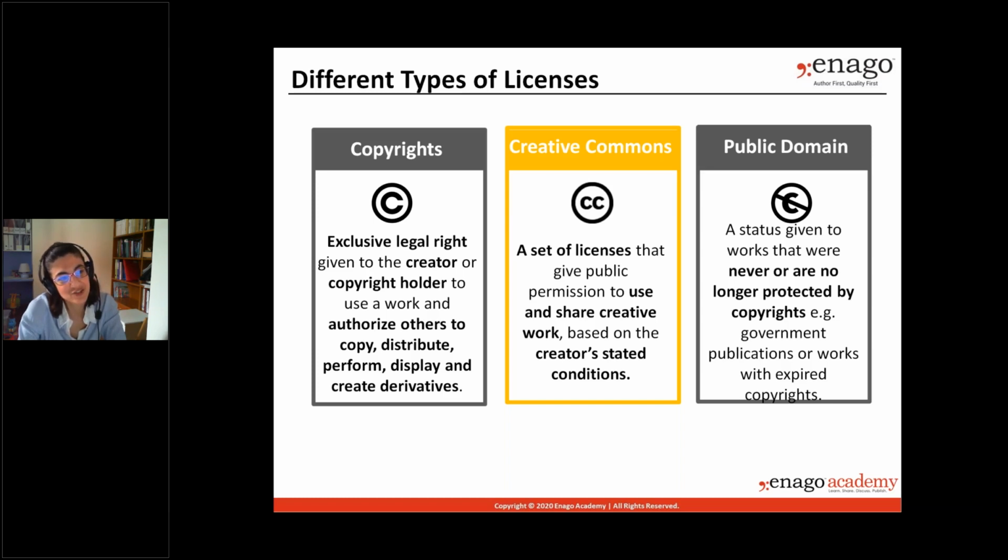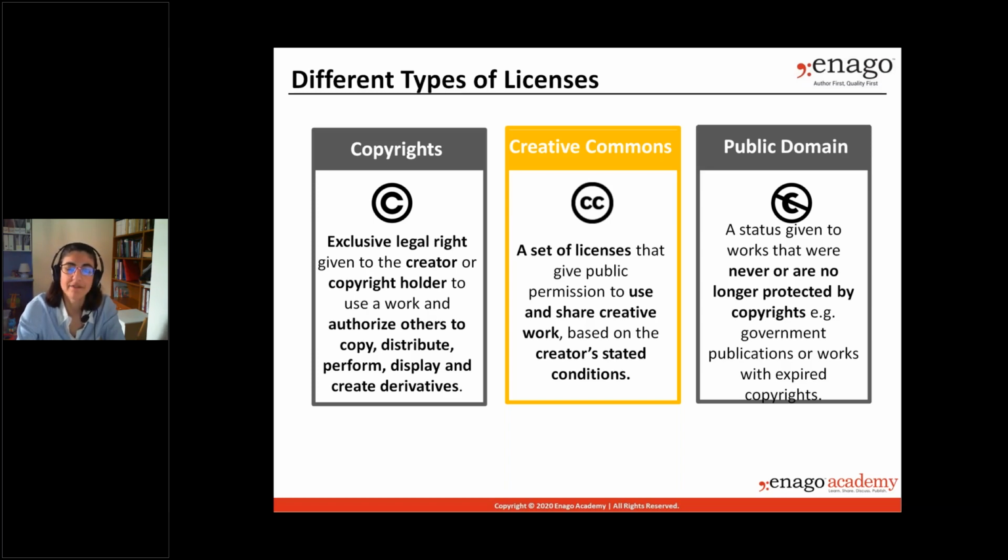When you see the C in a circle, it means that there are copyrights associated with the particular content. It means exclusive legal right given to the creator or copyright holder to use a work and authorize others to copy, distribute, perform, display, and create derivatives of this work. There's the circle with two C's, which stands for Creative Commons. In this case, a set of licenses that give public permission to use and share creative work based on the creator's stated conditions.